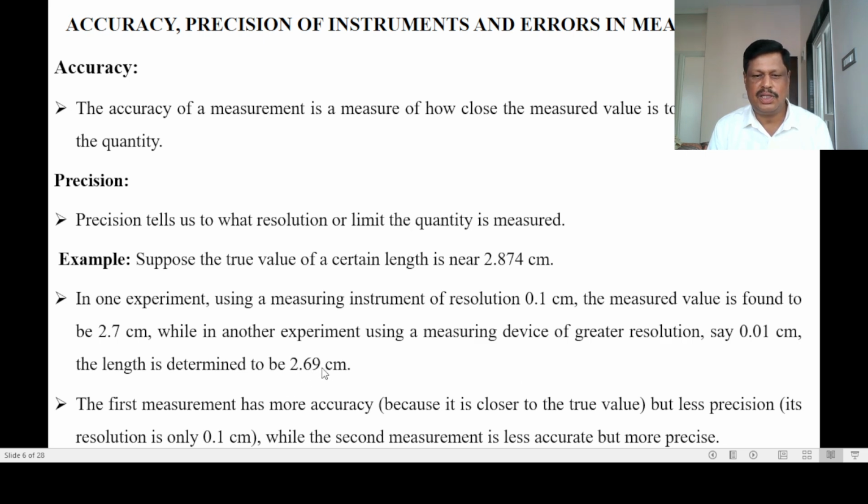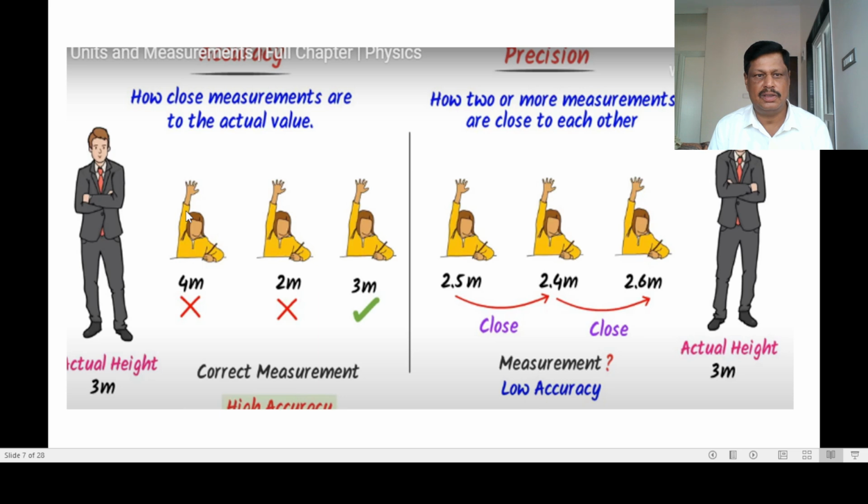So 2.7 centimeter is the accurate value, whereas 2.69 centimeter is the very precise value. This is how we can understand accuracy and precision.